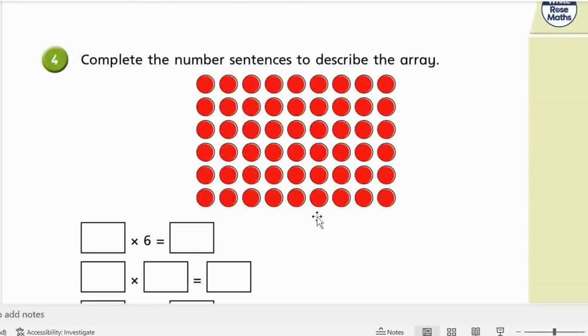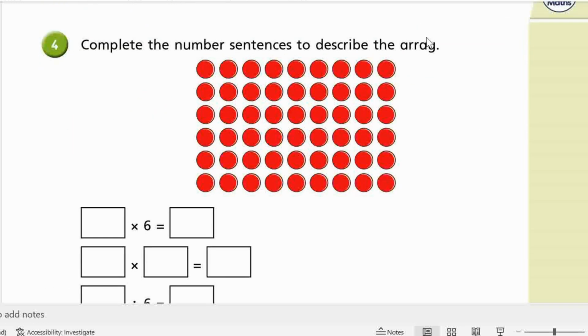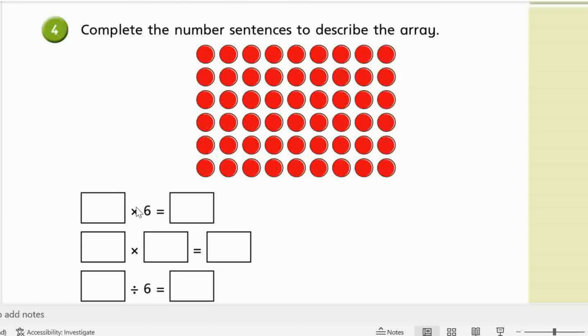Okay. Complete the number sentence to describe the array. So there's lots of counters here. Don't worry about the word array, but we just have to describe what we see, based on using these equations. So it's times 6. How many times across does it go? Well, it might be a bit hard to count on your screen, so we'll count together. 2, 3, 4, 5, 6, 7, 8, 9. Yeah, and we know that it's 6 down, just to make sure. 6.